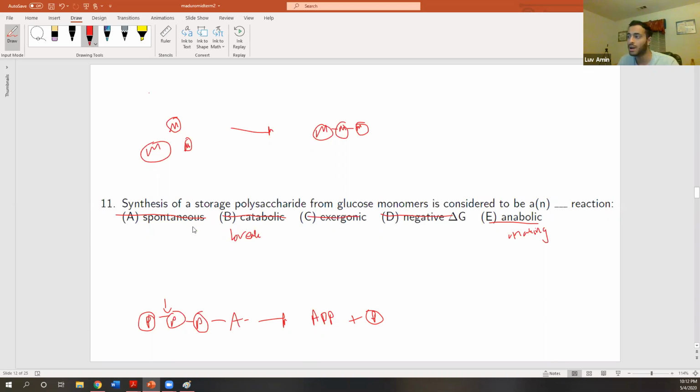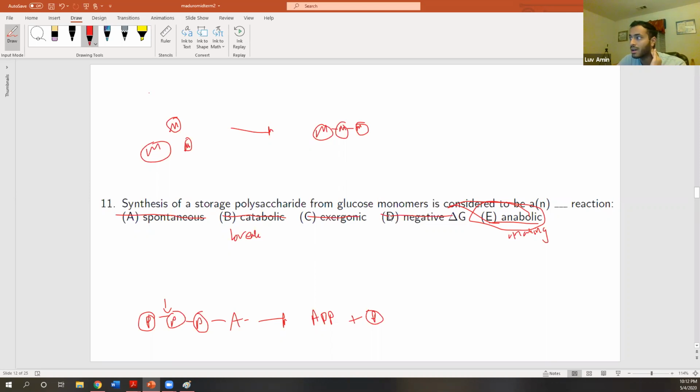However, that just knocked off our answer choices A, B, C, and D. When we're talking about synthesis of bonds, so we're making bonds, it's going to take in energy. It's going to have a positive delta G most likely, and it's going to be endergonic, right? So in our case, the answer that makes most sense is E, anabolic. You can also just do a series of elimination.